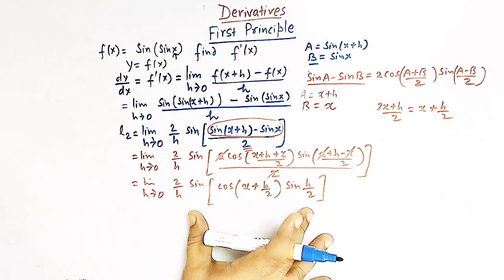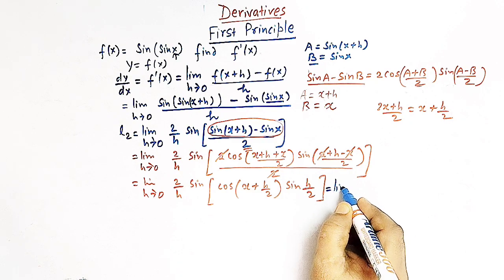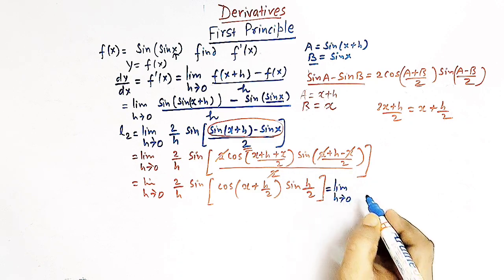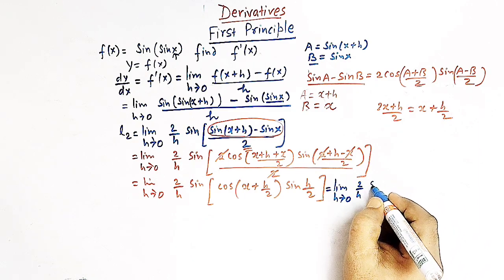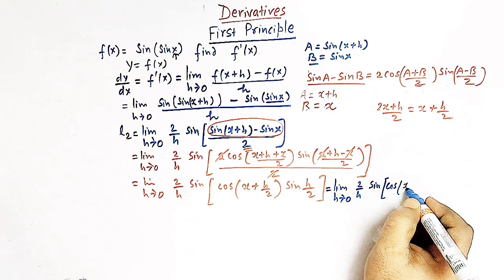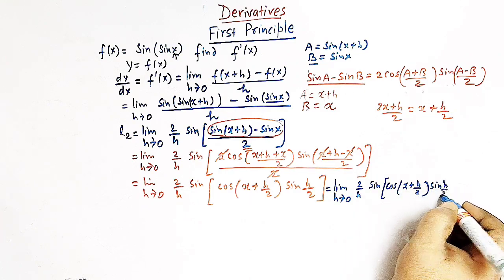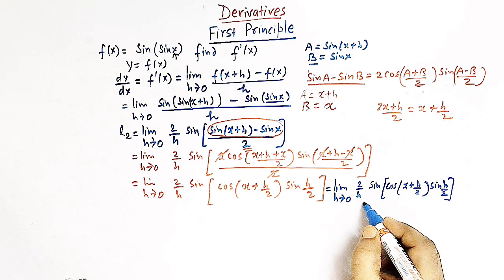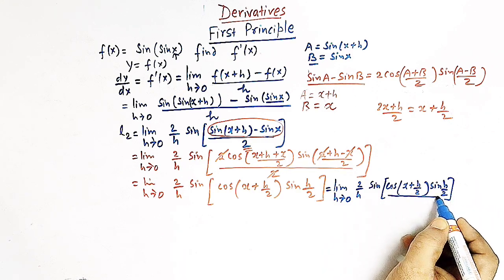So now to simplify this limit, we'll write limit h tends to 0, 2 over h. Then we have sine of cos x plus h over 2 and sine h over 2. So we'll multiply the numerator and denominator by this term, right?